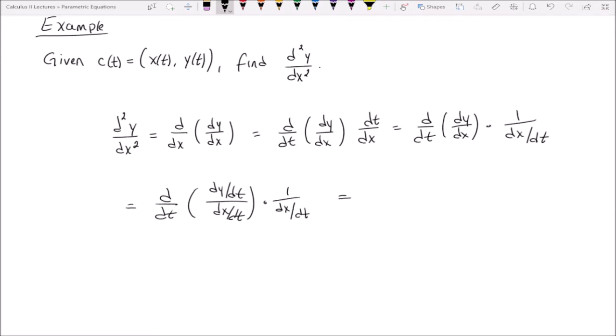I'm going to now shorthand this, right? So we get d dt, y prime of t over x prime of t, then all times 1 over x prime of t.